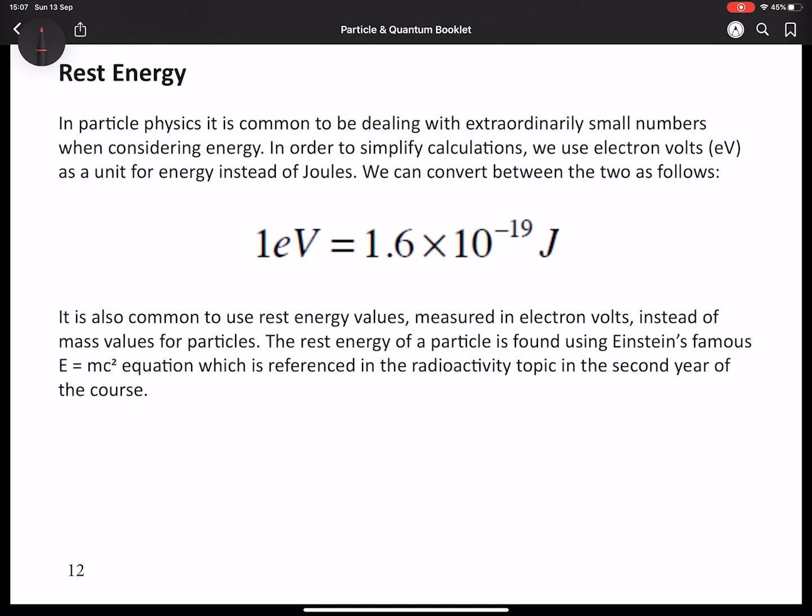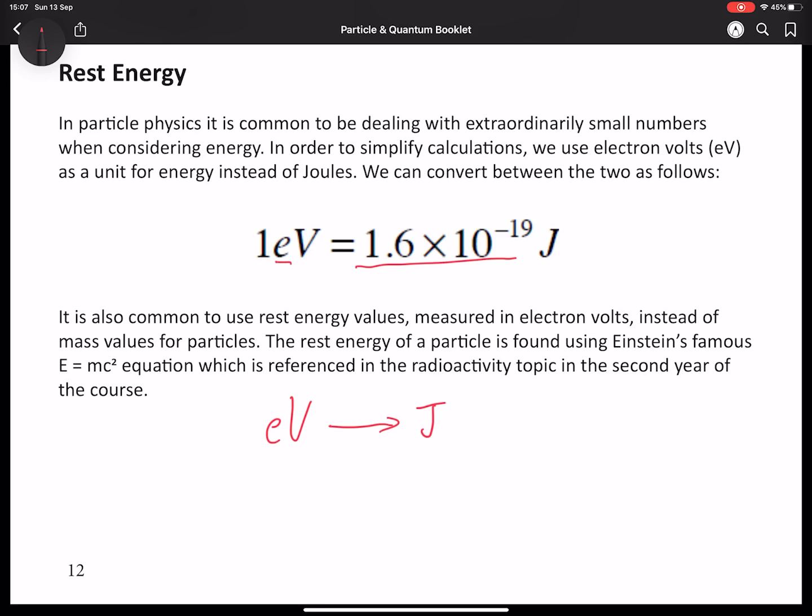This is simply given as 1 electron volt is 1.6 times 10 to the minus 19 joules. Well, this value should be familiar. It is the same as the charge of an electron, e. So that's why it's used here.